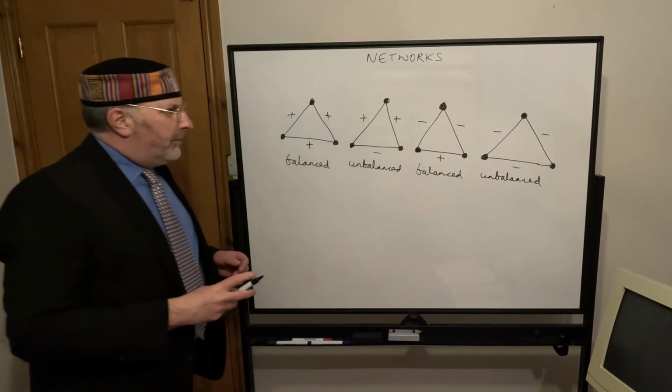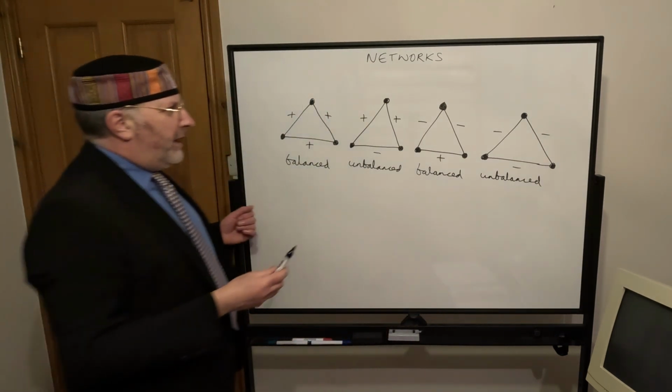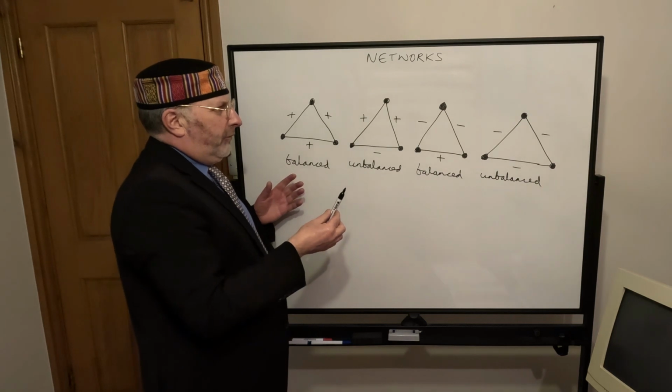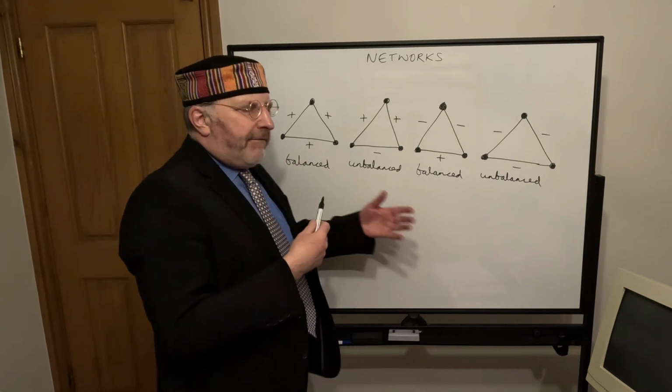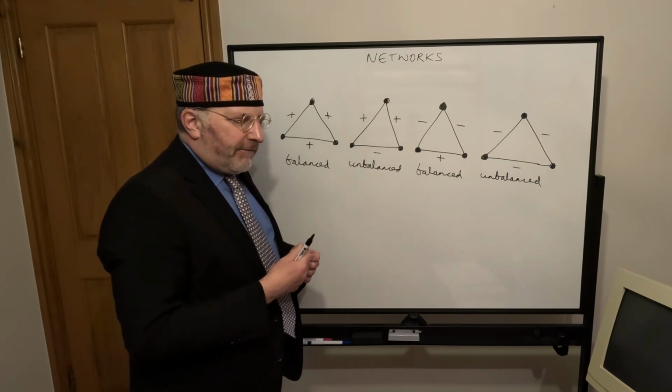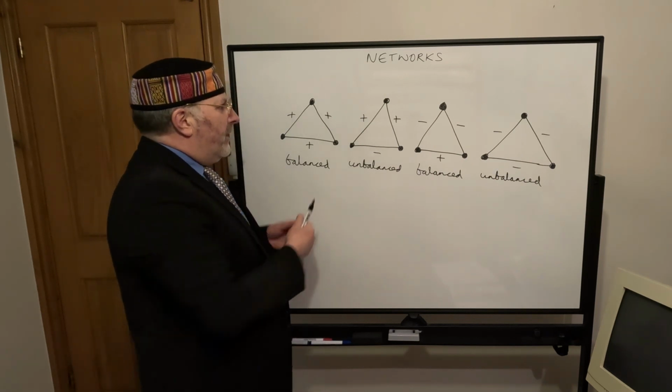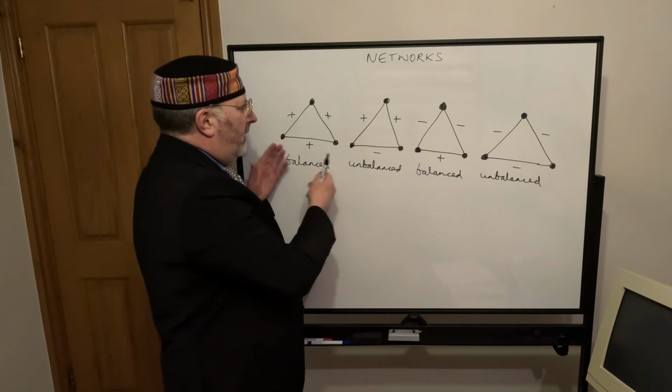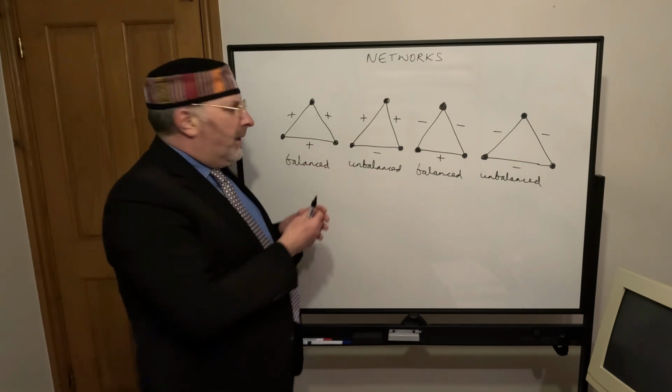And the hypothesis is that in social networks of people and their friendliness towards each other, or of countries and their relative friendliness towards each other, there's a tendency for triads to become balanced.